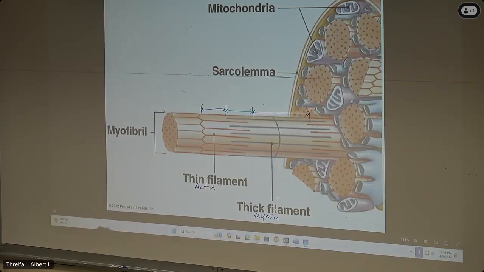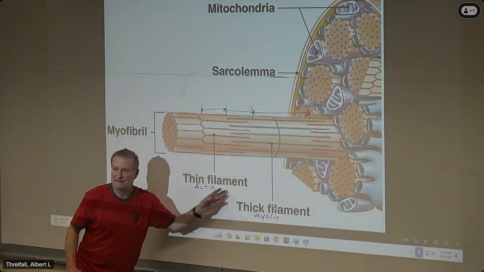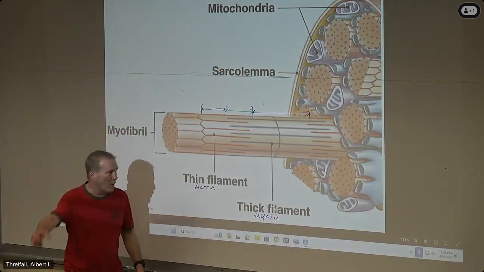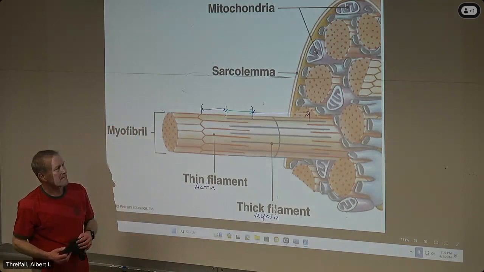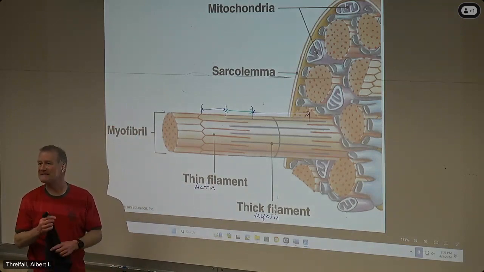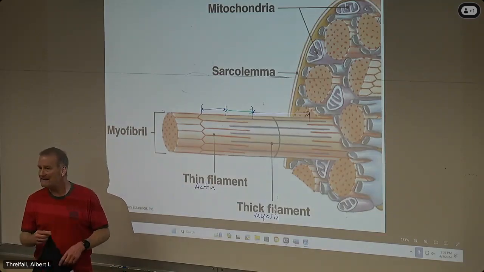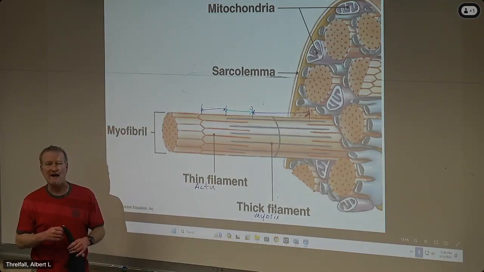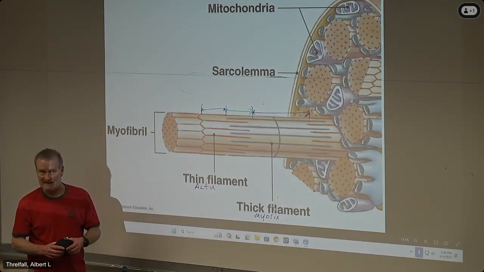Because these myofilaments, I erased it, but these are proteins. So when we pour a dye on this tissue, the dye binds the protein and stains the protein. The more protein there is, the more of the dye binds it, and the darker it stains it.